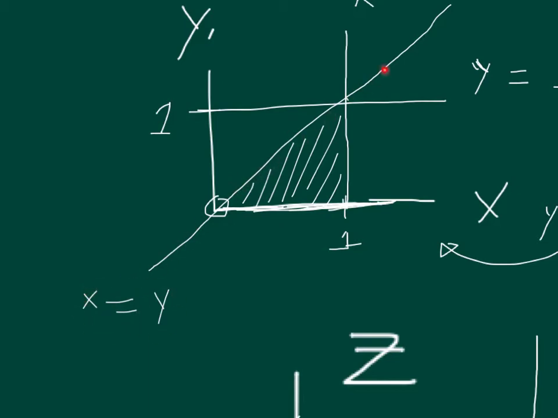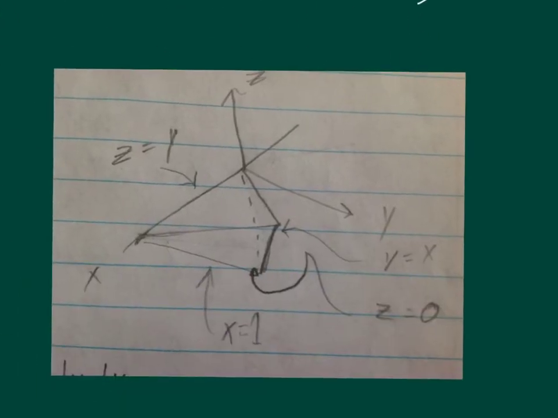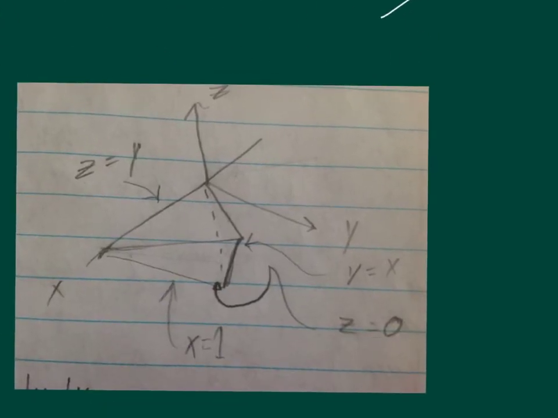And so we understand that that's a 45-degree line from the positive x-axis. And so when we compare that with our three-dimensional coordinate system, that same 45-degree line from the positive x-axis is this dotted line here, which is below the figure.